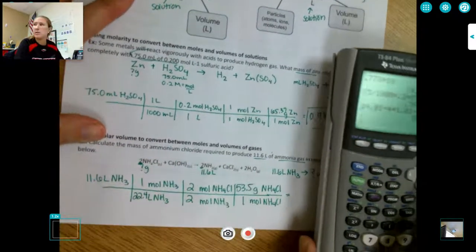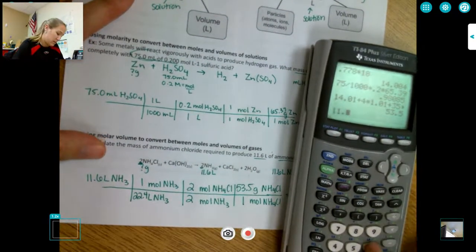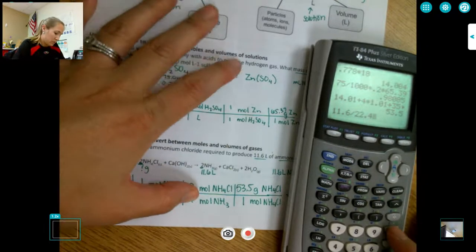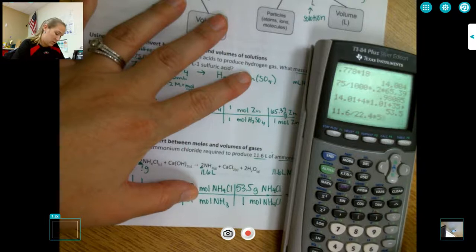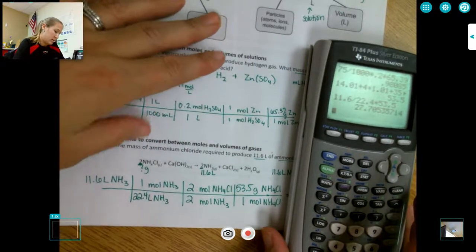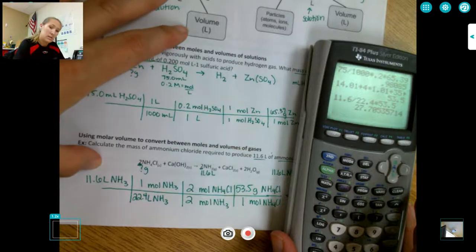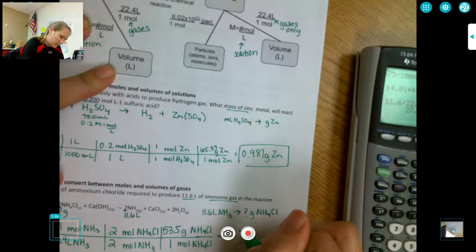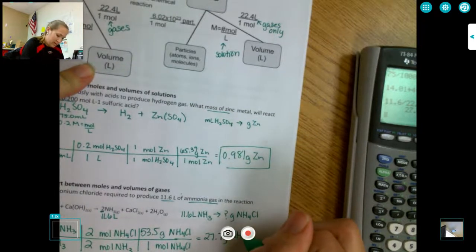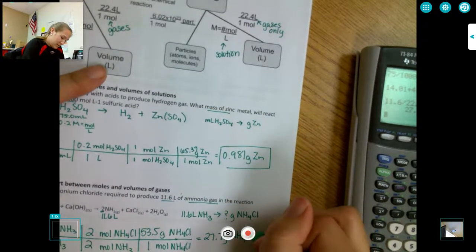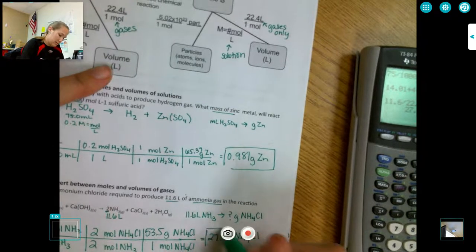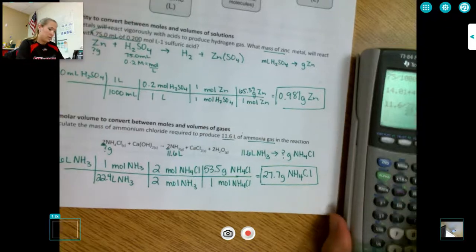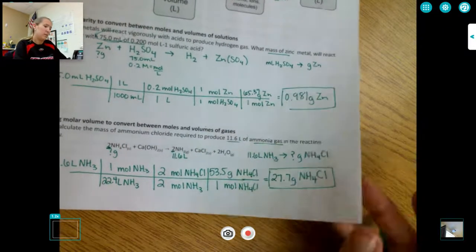So multiply across the top, divide by the bottom: 11.6 times 1 divided by 22.4 times 2 divided by 2, the 2 cancels out, times 53.5. And I get 27.7, 3 sig figs to start, so 27.7 grams NH4Cl. All right, 2 down. A million more to go.